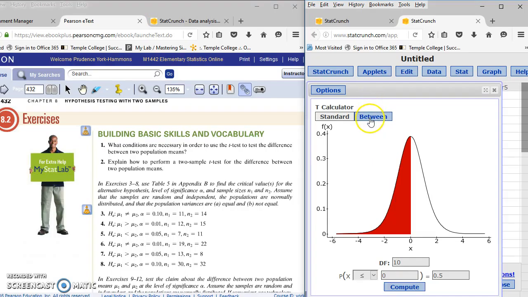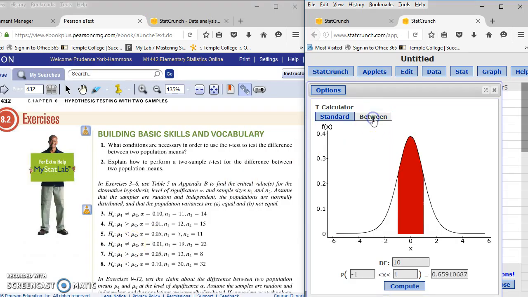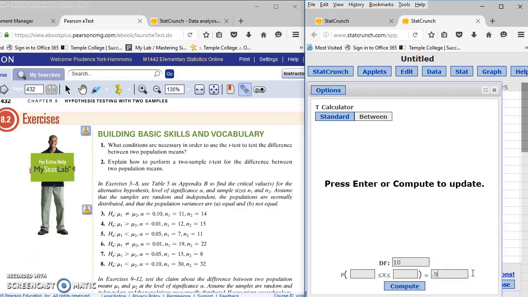Now, because it's a not equal, we're doing a two-tailed, which is a between. But StatCrunch runs a little differently on the between. They told us that alpha was 0.01, so that would be the little pieces on each end. But StatCrunch will only run what's in between, so I have to run a 0.99.